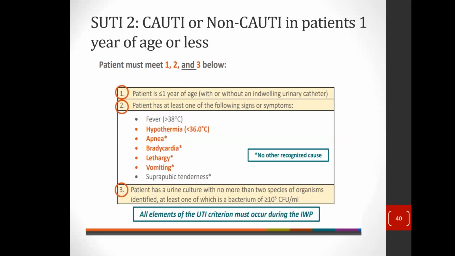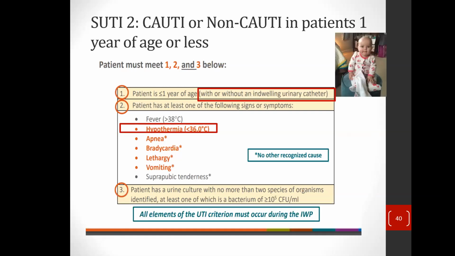Okay, SUTI type 2. Remember, that's a catheter-associated UTI for patients 1 year of age or less. What is different about this? It can be with or without an indwelling urinary catheter, but the big difference is symptom-wise. For a baby, a big symptom for them is hypothermia. Hypothermia is like fever.